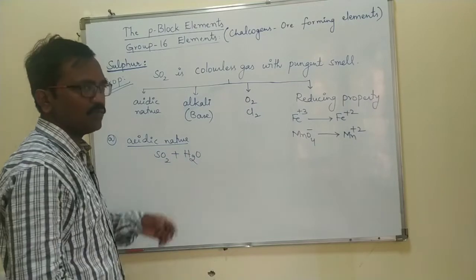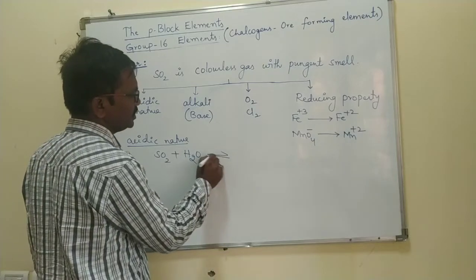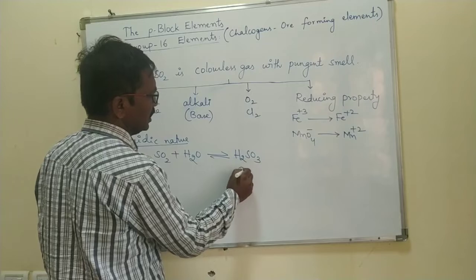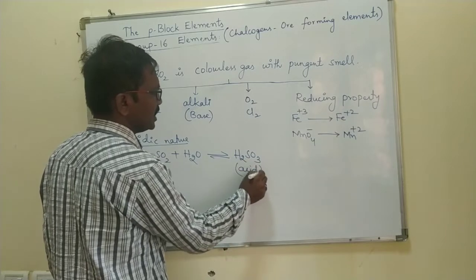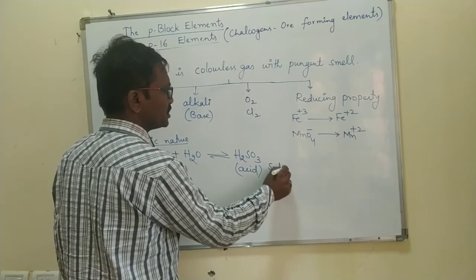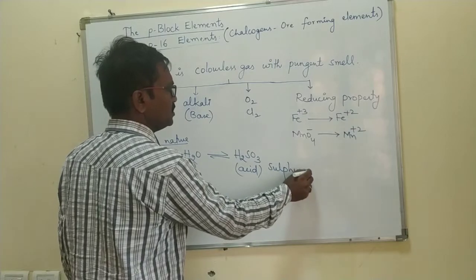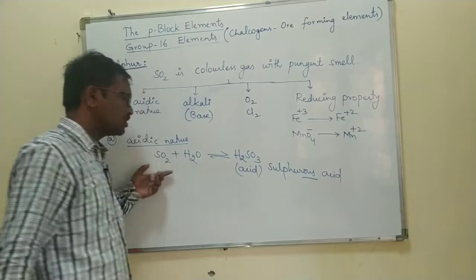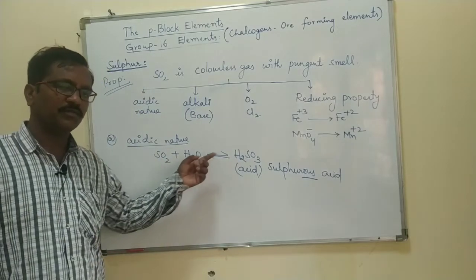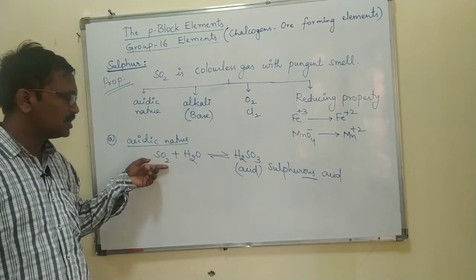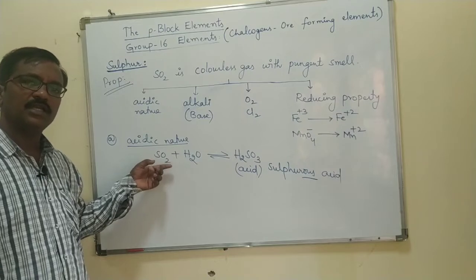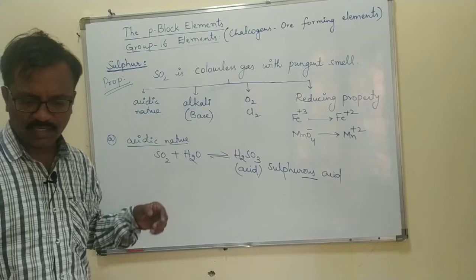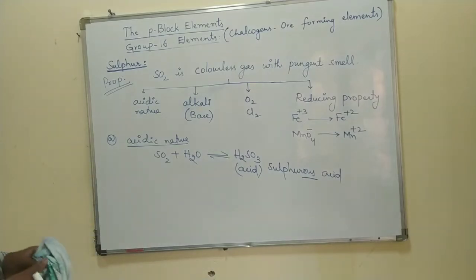When it reacts with water, it forms sulfurous acid, right? Any oxide that reacts with water to form an acid is generally considered an acidic oxide. Sulfur dioxide is acidic in nature. The next one is the reaction with alkali.